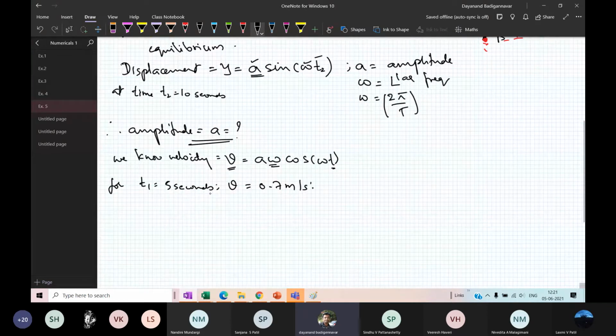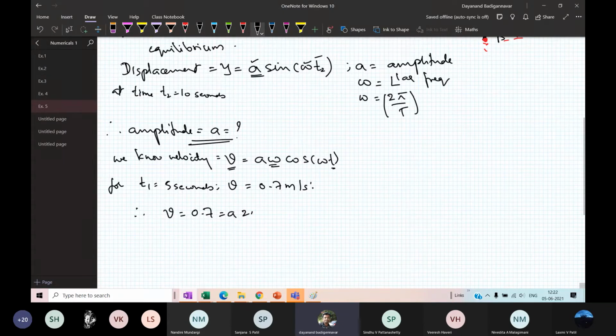Therefore, in this equation, v can be written as v is equal to 0.7, that is equal to a as it is. Omega, you keep as it is. What is omega? Omega is 2 pi by T. It's given here.